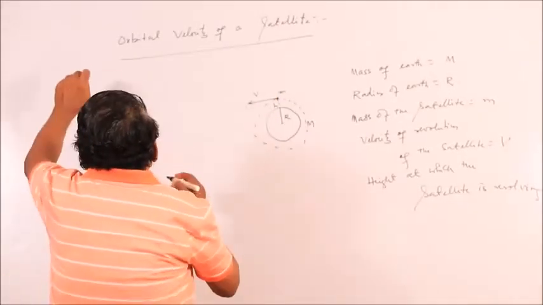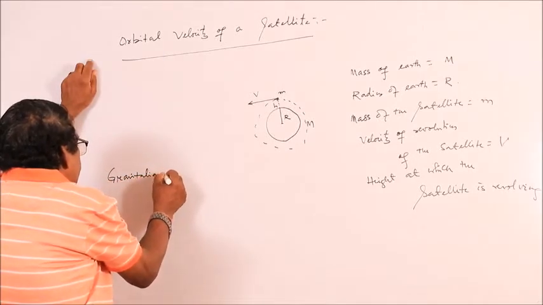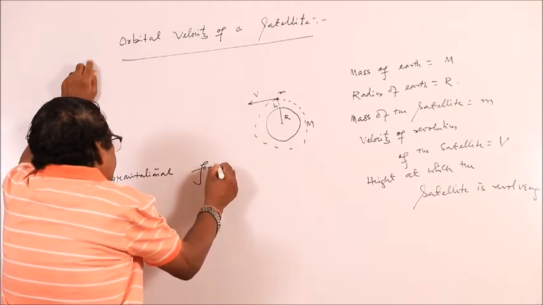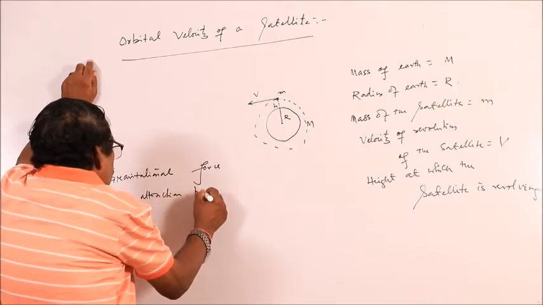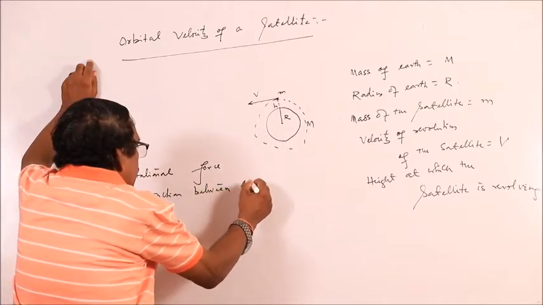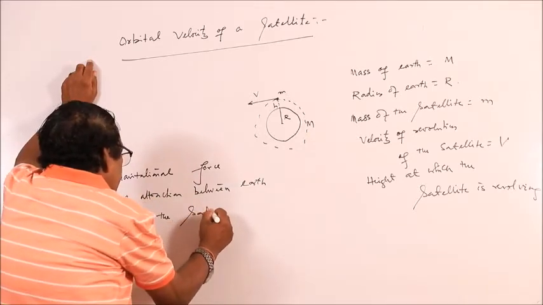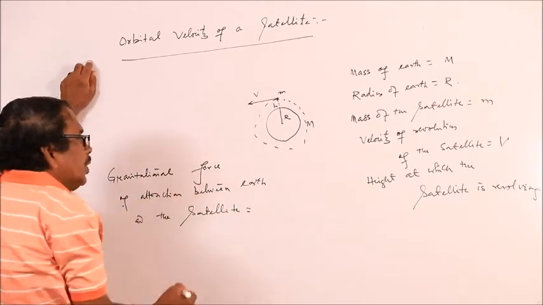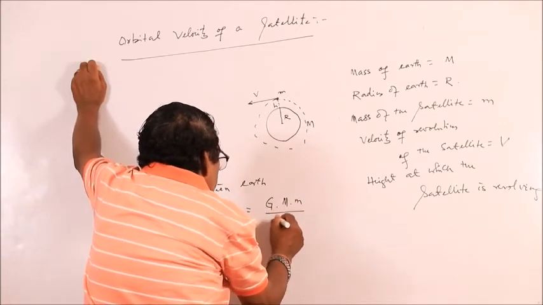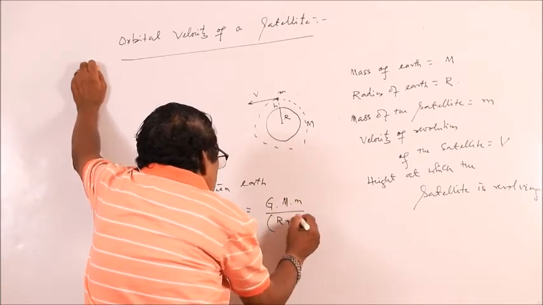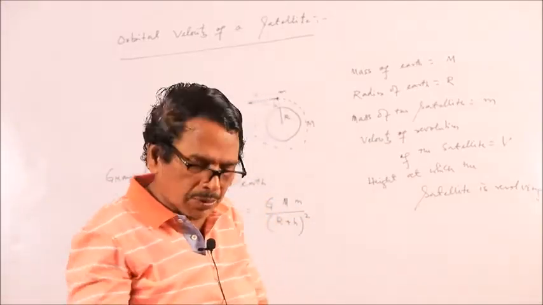Gravitational force of attraction is equal to capital G, capital M, small m, divided by the square of the distance. Square of the distance is (R plus h) whole square. So, G M m by (R plus h) whole square. This is the gravitational force of attraction.